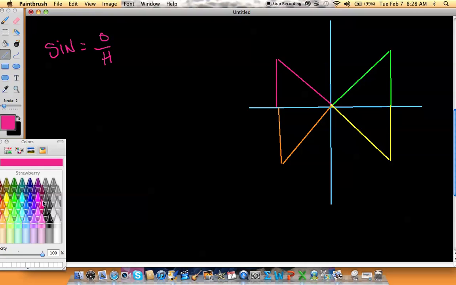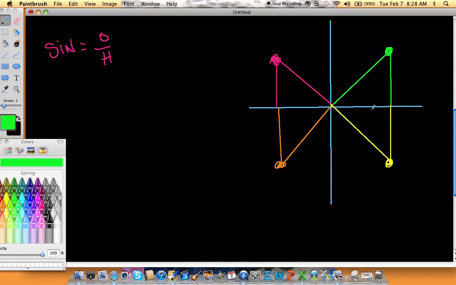Okay, because all of these have coordinates, right? Here's a coordinate, here's a coordinate, here's a coordinate, here's a coordinate. And in order to find the coordinate, we always have to look at the x, y.